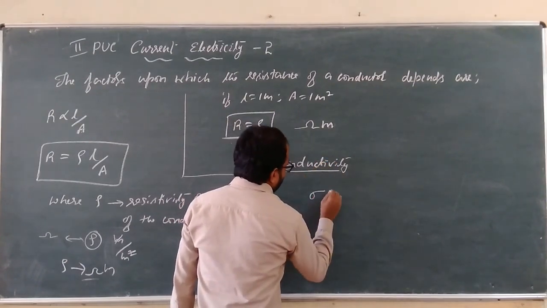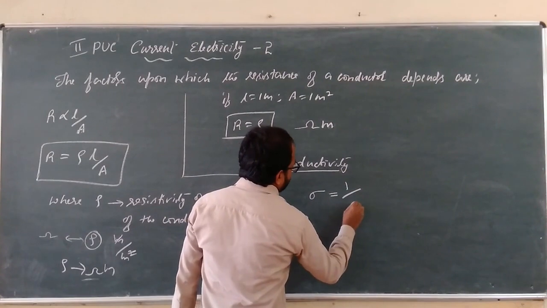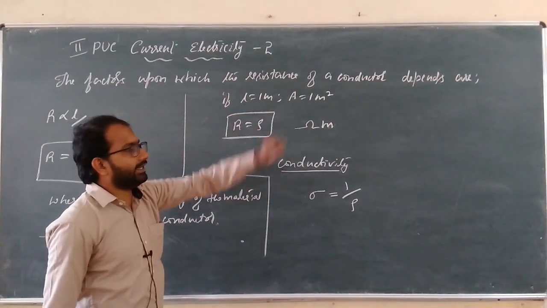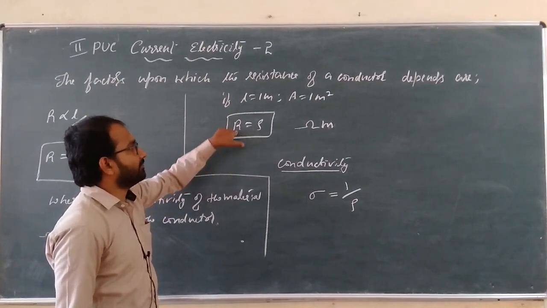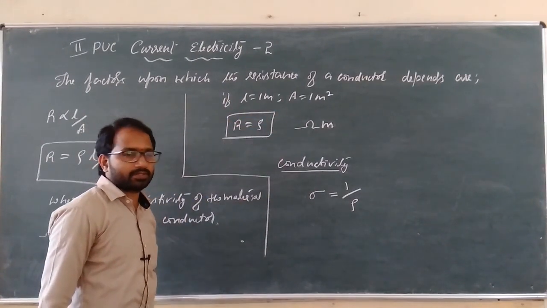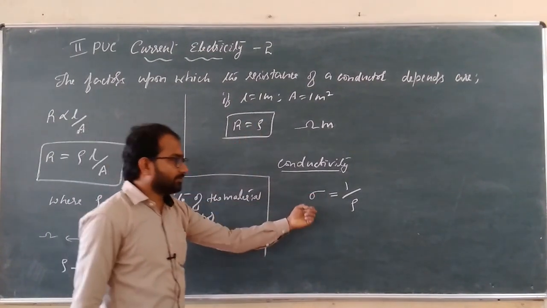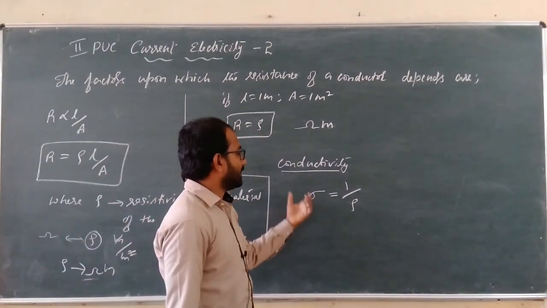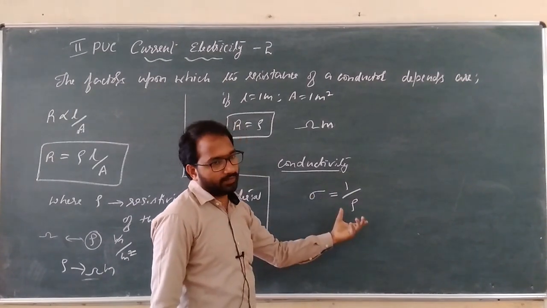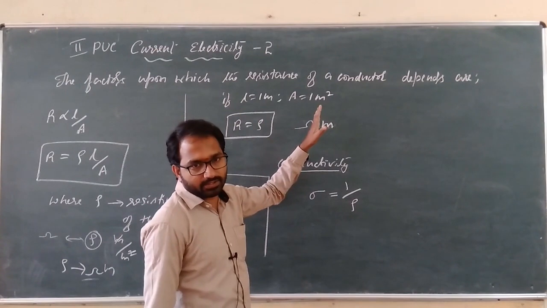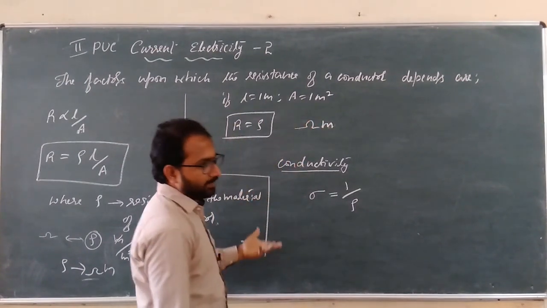So it is sigma, which is the inverse of resistivity. See, resistivity is not dependent on the length and area because it is the resistance defined per unit length and per unit cross section area of the conductor. So therefore, rho or sigma, resistivity or conductivity, they are not dependent on the length of the conductor and area of cross section, or the voltage applied or the current flowing.